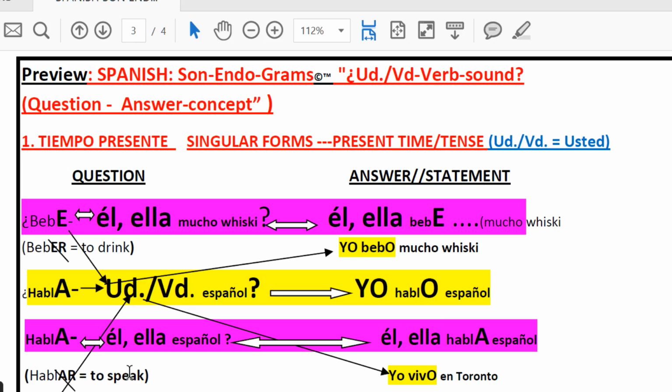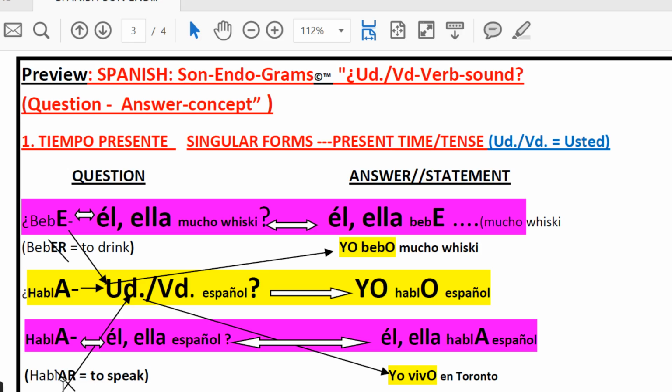Hablar is representative of all the AR verbs in the Spanish language, and they are close to 90 to 95% of all the verbs that you will use in the Spanish language, could be represented by this verb hablar.